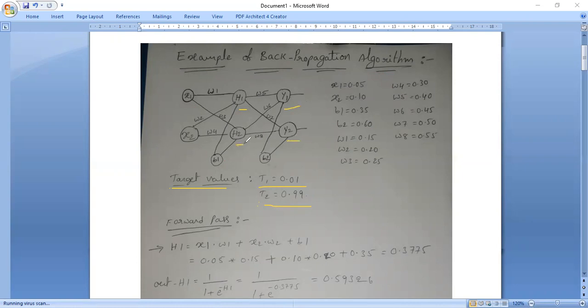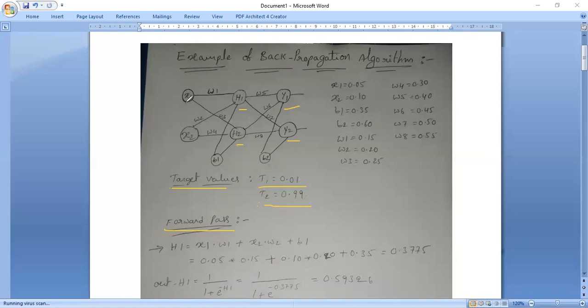After calculating the hidden values, the results are supplied to the output layer of y1 and y2, by adding bias to these two. So now we are going to calculate the forward pass of this particular network.